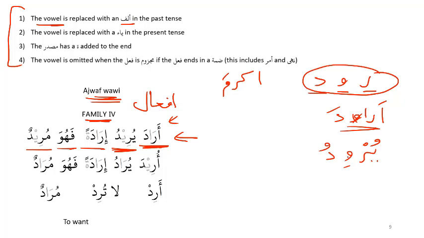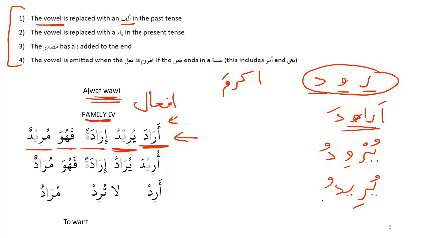Exactly. So if you replace the waw with a ya, I hope you're also getting a feel for this. If you replace the waw with the ya, and in the beginning you have the ya, and the dal has a dhamma, what is the most logical harakat, fatha, dhamma, kasra, that should precede the ya?